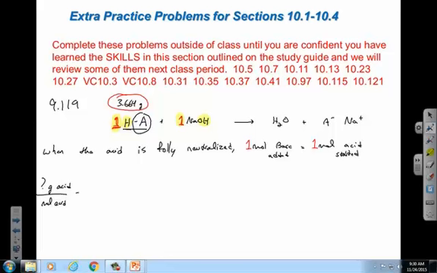What I have is information about the grams of acid: 3.664 grams of acid were added. If I know how many moles of acid I have, I put that on the bottom and divide. It doesn't say how many moles of acid I have, but I have information about the base.